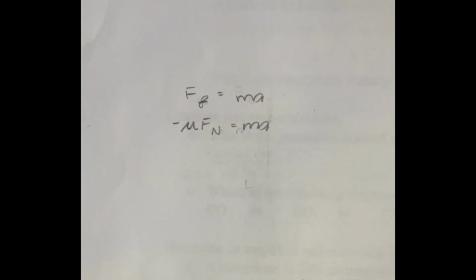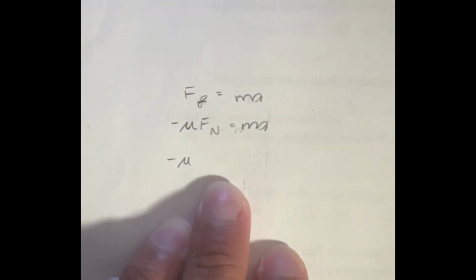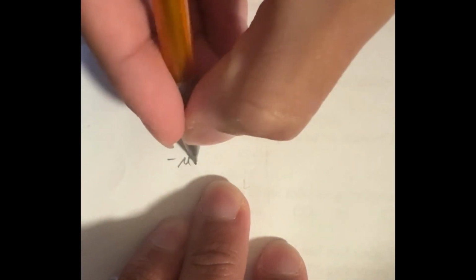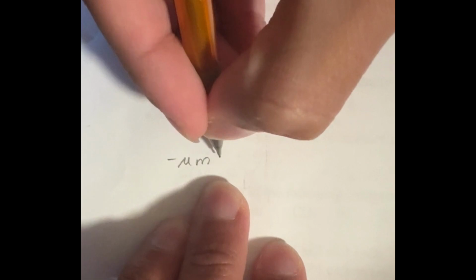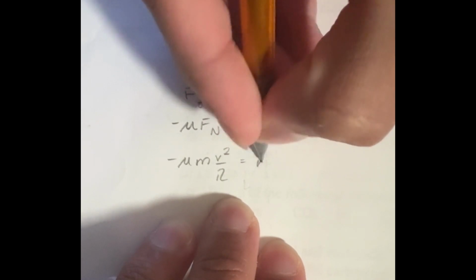Then we can use our answer from the last part to replace the normal force. So we have negative mu, and the normal force is equal to mv squared over R, and that's going to equal ma.